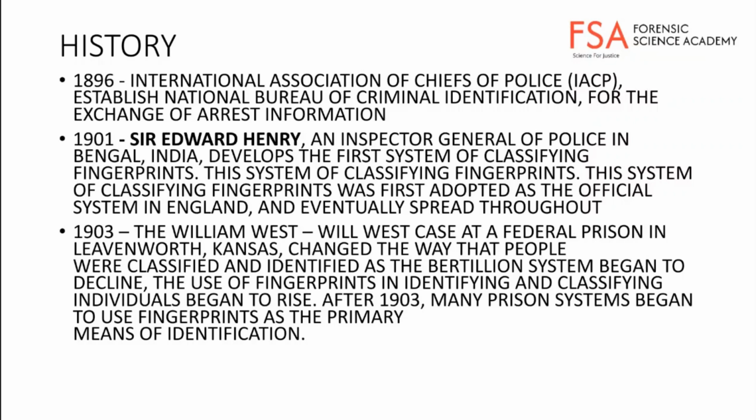In the year 1903, the William West case changed the way that people were classified and identified, as the use of the Bertillon system decreased, and the use of fingerprints in identifying and classifying individuals began to rise. After 1903, many prison systems began to use fingerprints as the primary means of identification.